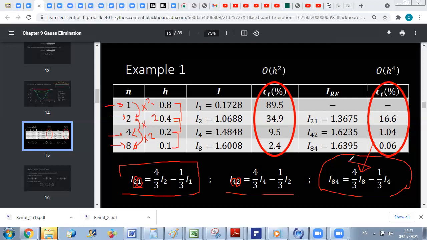Now, how is your error decreasing? In the trapezoidal rule, the order of error is h squared. This is why we expected that when doubling the number of segments, so when dividing h by 2, the error will be divided by 4, because the error is proportional to h squared.